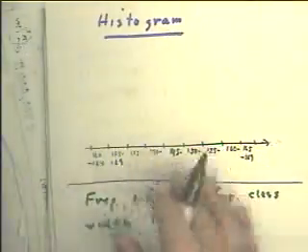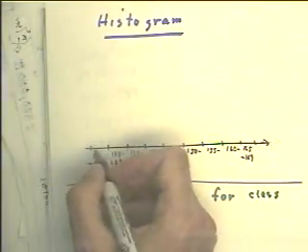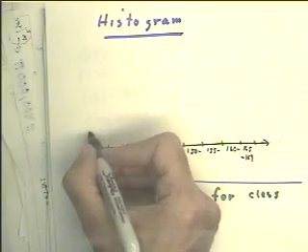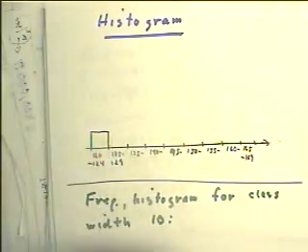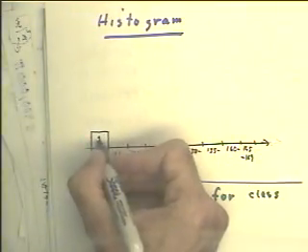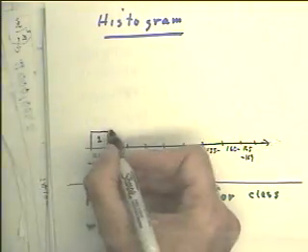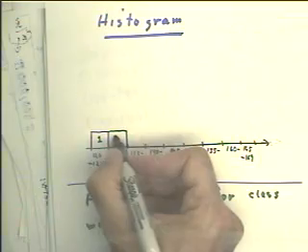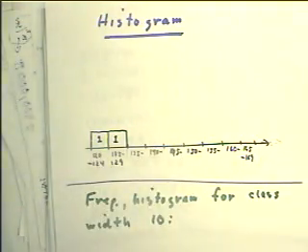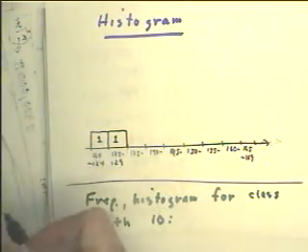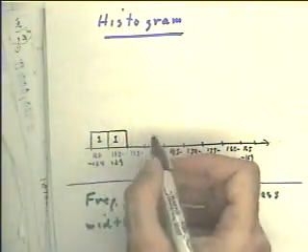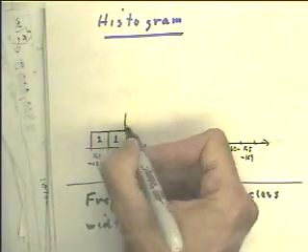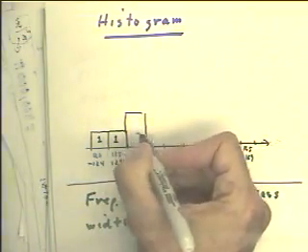So just reading those off, we'll make a little bar here to indicate the one occurrence that we have between 120 and 124. Then another one here to represent the 1. We don't really have to put those numbers in the indicators, but we're going to do that anyhow. And then here we have 2.